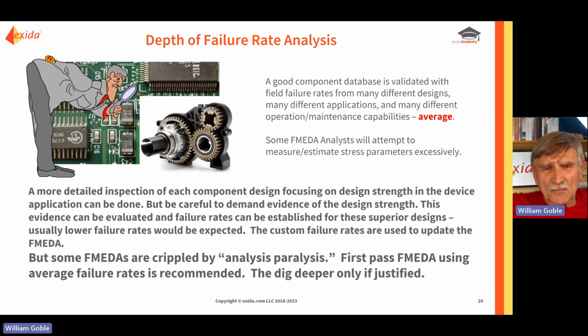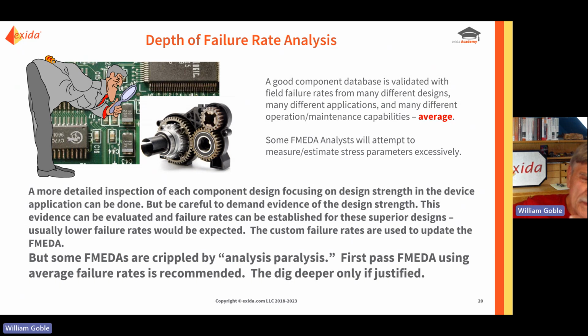One of the other problems that we saw a couple times is a problem many in some fields call analysis paralysis. FMEDAs are based on average failure rates and average design strength. And in certain cases, a good component reliability database will give you a selection of design stress, which does impact both failure rates and useful life.